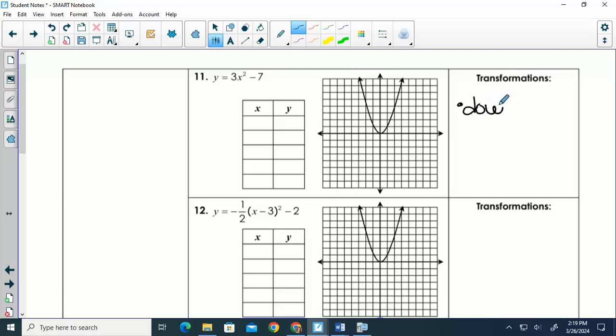But we don't really know what happens when we multiply our x squared with a 3. So we need to figure it out. The vertex. Okay, if you're looking at this x squared, there's nothing added or subtracted, so what's the x value of our vertex? 0. Okay, what do we get for the y? Negative 7. Okay, now use your table.